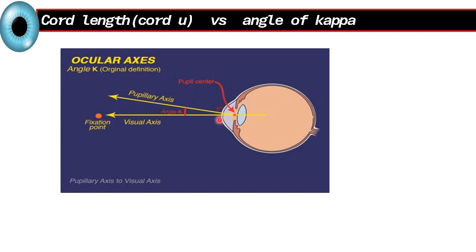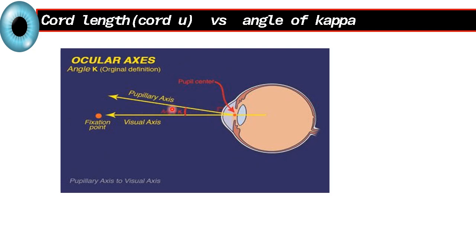Now, the relation between the virtual one and the real one: for the real one, the upper limit of normal is up to 0.2 millimeter, and a value of more than 0.4 is regarded as abnormal. For the virtual one, there is magnification. Why do we say this is virtual? Because the angle kappa is mainly at the level of the iris, and the reflected image made on the surface of the cornea undergoes magnification.